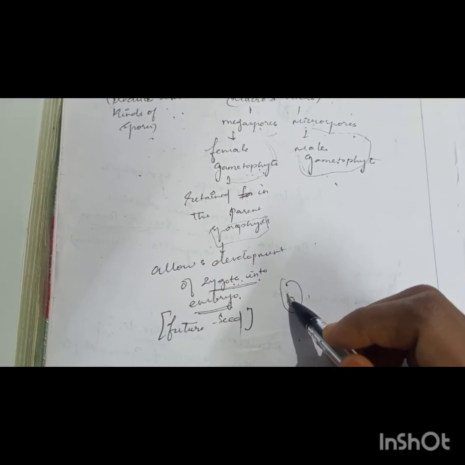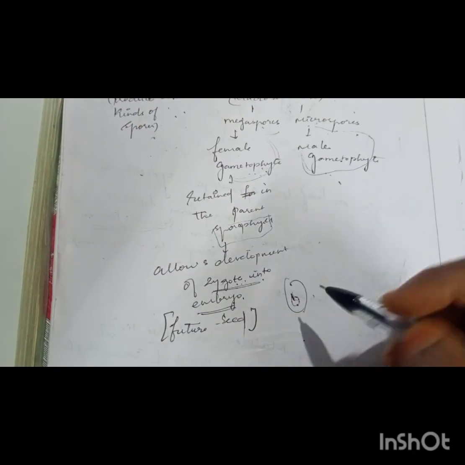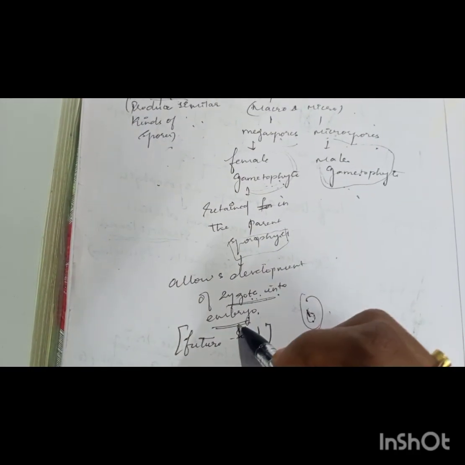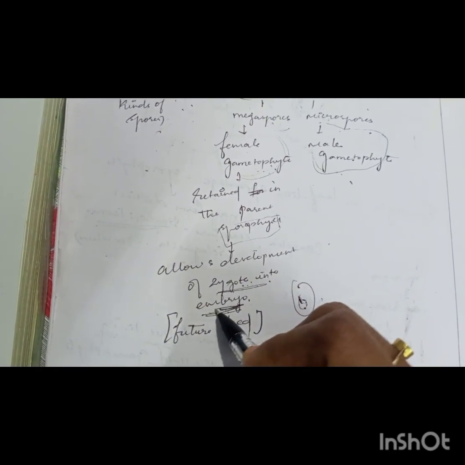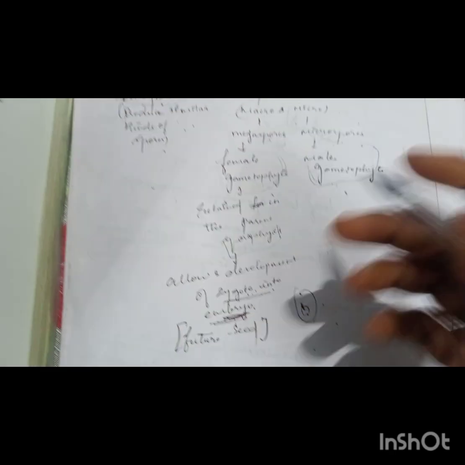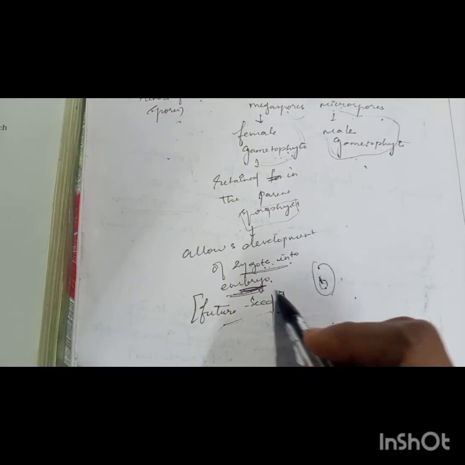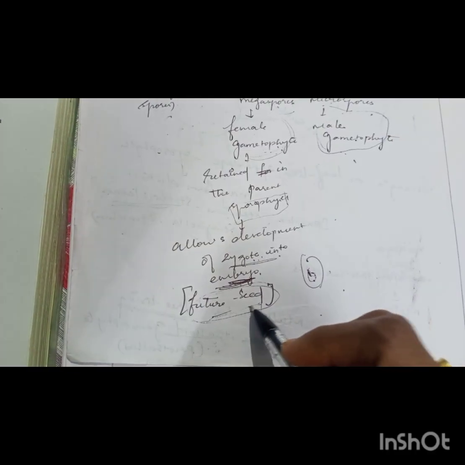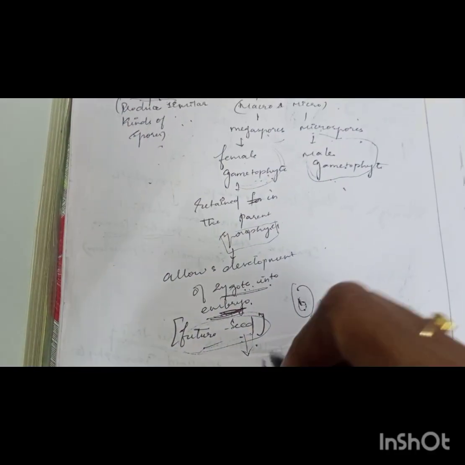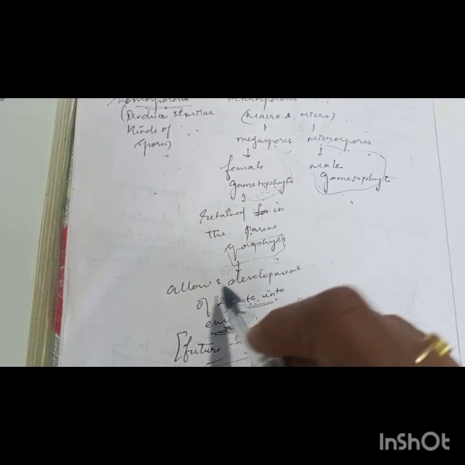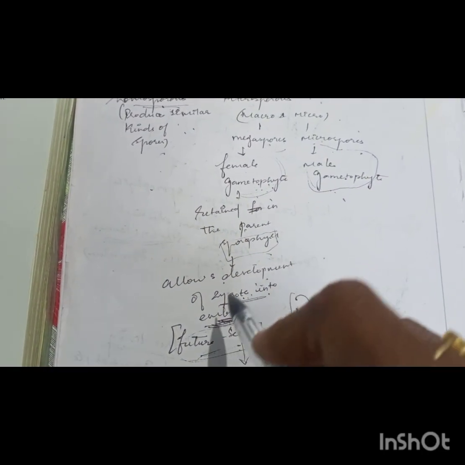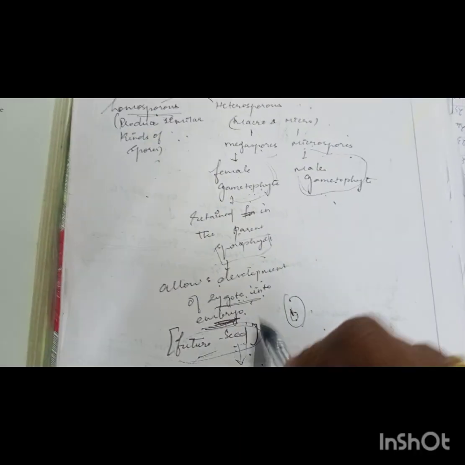In the seed we can find the embryo, which will grow into a new plant once we put the seed in the soil. In the same way, inside the sporophyll, the zygote will develop into the embryo. The embryo is the young plant which is capable of growing into a new plant. So this is the precursor to the formation of seed in present day plants. So it is an evolutionary mechanism. Here the female gametophyte is retained in the sporophyll, and the retention period allows the development of the zygote into an embryo. The embryo later develops into the sporophyte.